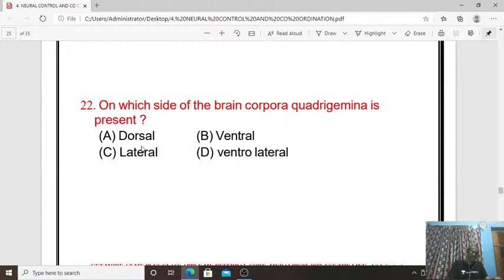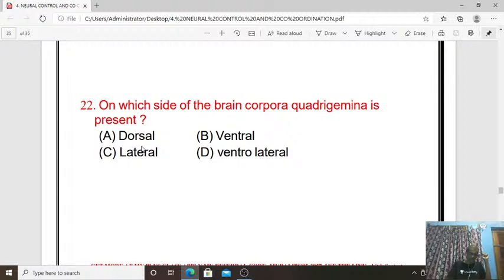Then 22nd question. On which side of the brain is corpora quadrigemina, or four round prominences, present? That is important with respect to visual and hearing purpose.